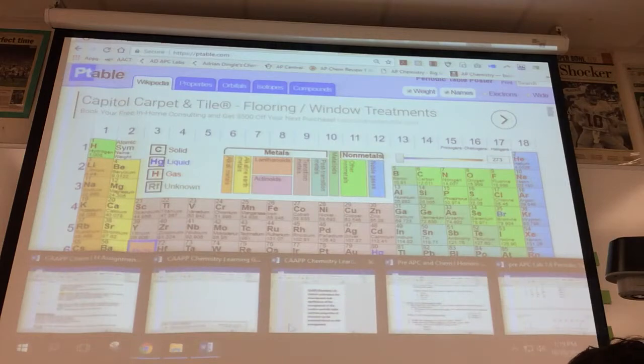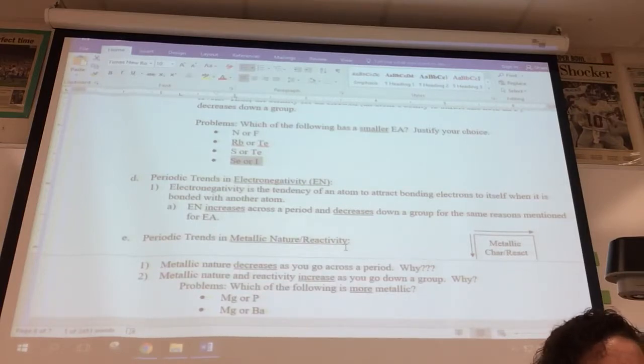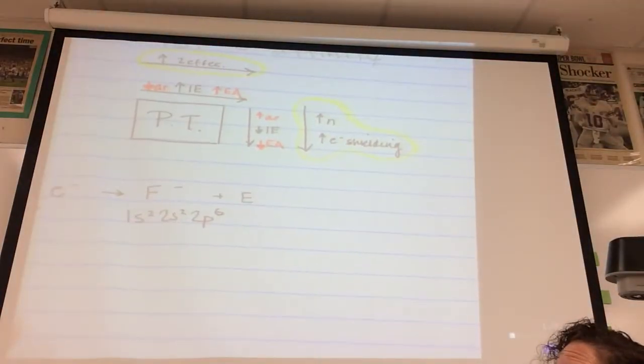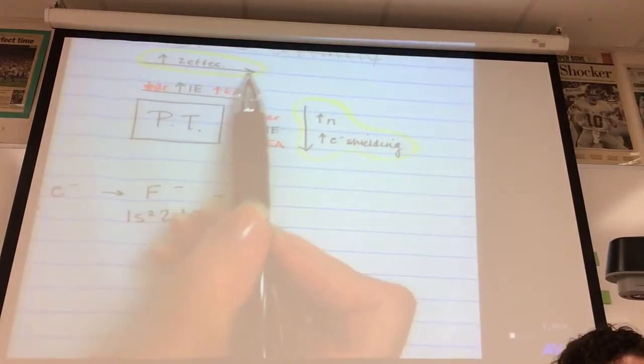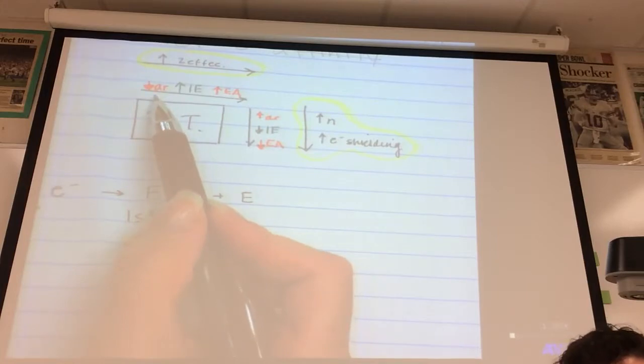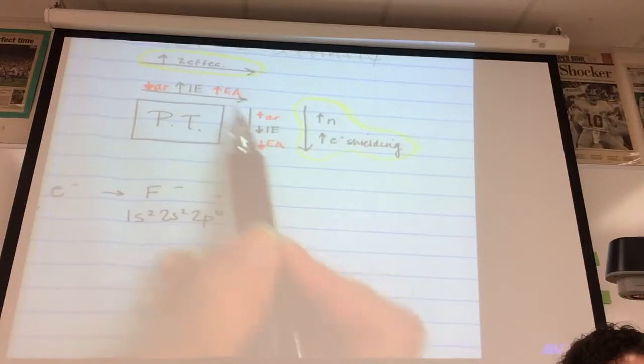So electron affinity is the energy associated with the atom's ability to attract and hold an electron it did not have previously. Those are the main trends that I will ask you to explain. Primarily what you're going to see: due to the increase in the effective nuclear charge across a period, you'll get a decrease in the atom's radius, an increase in ionization energy and electron affinity.